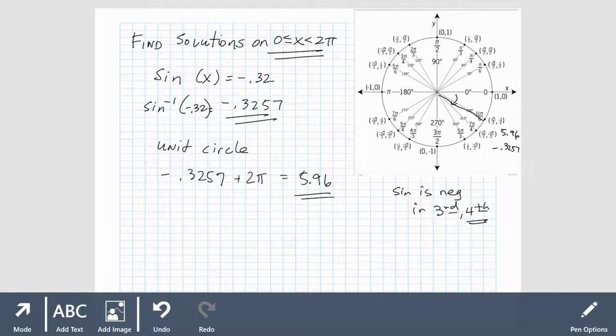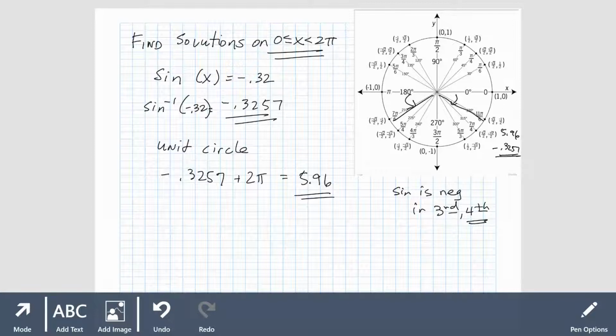Using the coterminal angles, we found the equivalent fourth quadrant value, but now I've got to find the third quadrant solution for my unit circle. So this is where you use that little butterfly effect. We're looking above and below the x-axis. Since we want something in the third quadrant, we want something down here. So I've got to find something that's symmetrical along this way.